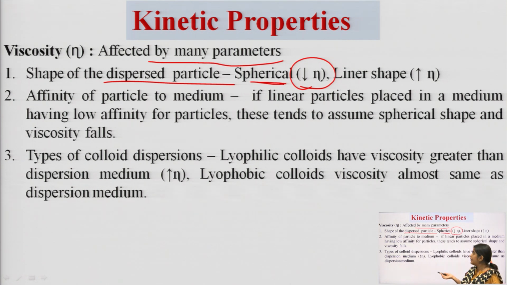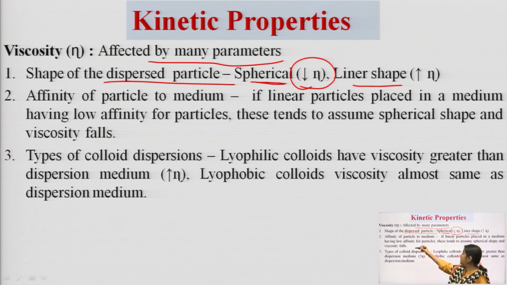So, the particles which have a spherical structure, their viscosity decreases, and particles which have a linear structure, linear structure means more contact points. More contact points means more affected by the frictional forces. So, the viscosity increases when it has a linear shape.